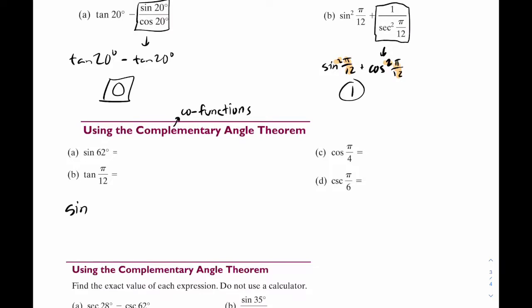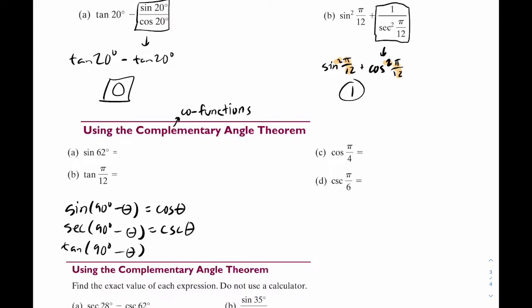It's just sine of 90 minus theta is equal to cosine theta, secant of 90 minus theta is equal to cosecant theta, and tangent of 90 minus theta, that's equal to cotangent theta. So that's the cofunction theorem, and I'll just box that for you.